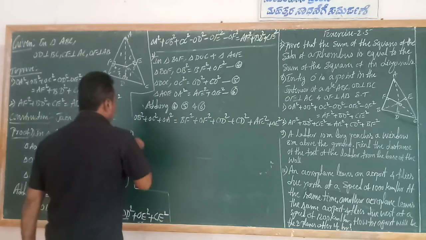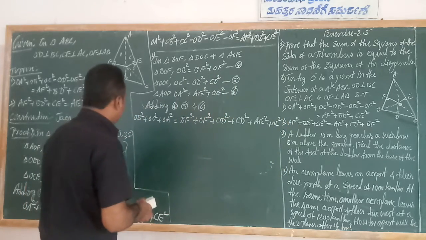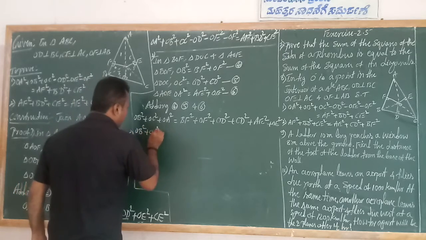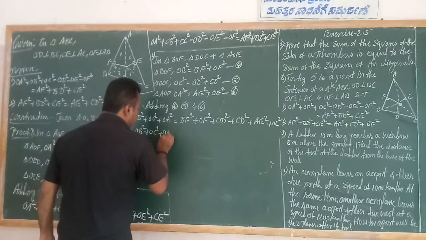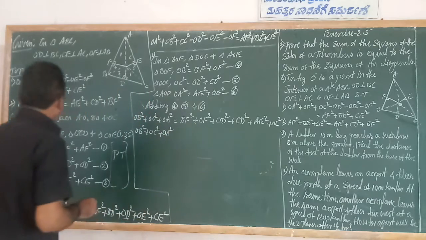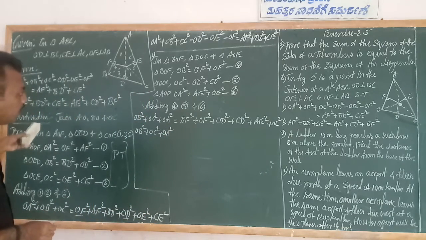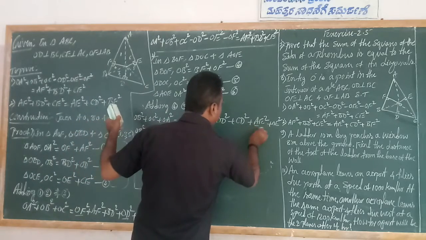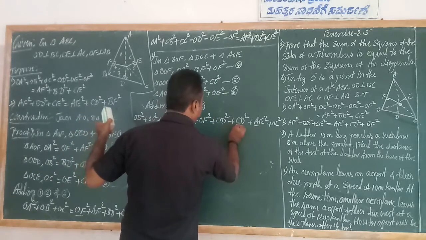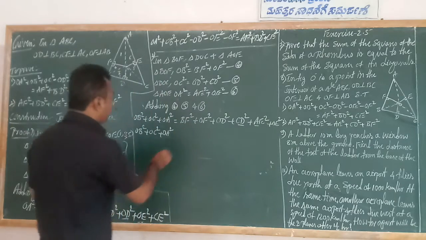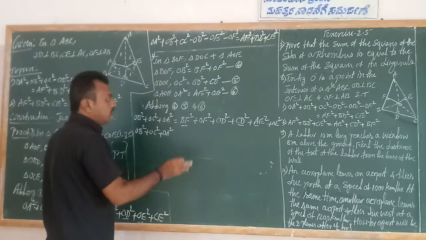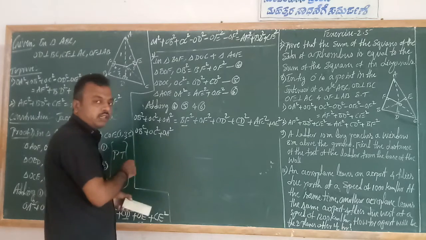See, OB square plus OC square plus OA square, I will write as it is. Here AF square is there on the RHS side, or AE square is there. AE square, CD square and BF square, these terms you should keep on the RHS side. The remaining you should send to the LHS side.